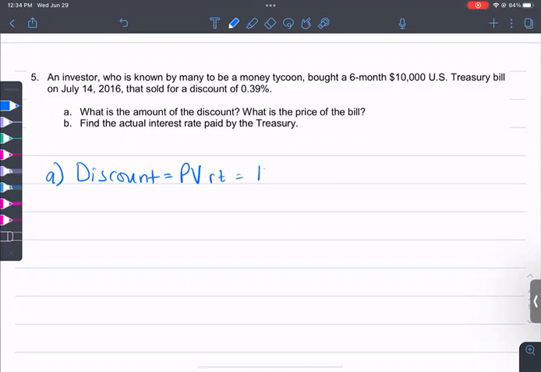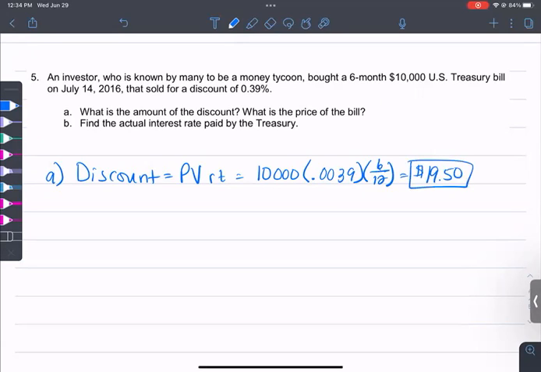So it's worth 10,000. The rate is 0.39%, so that'd be 0.0039. And then it is a 6-month bill, so 6 divided by 12 for time. That calculates to be $19.50 is how much is discounted.